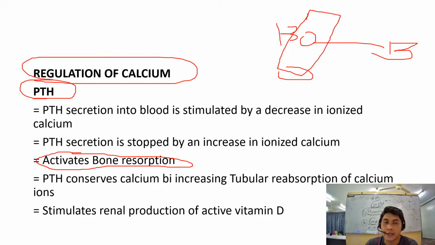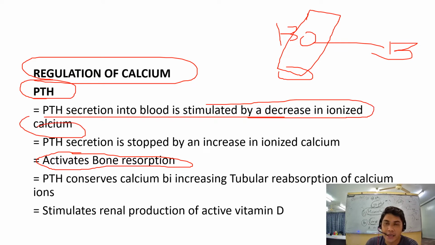PTH secretion into blood is stimulated by a decrease in ionized calcium. Meaning the stimulus for PTH production is the decrease in ionized calcium in blood. If there's a decrease, that's the stimulus for the parathyroid gland to produce more parathyroid hormone. PTH secretion is stopped by an increase in ionized calcium.